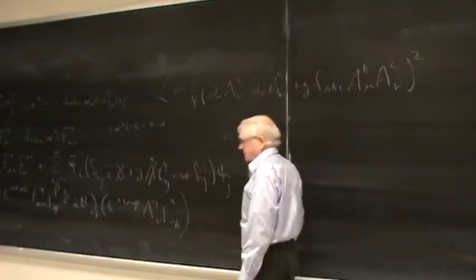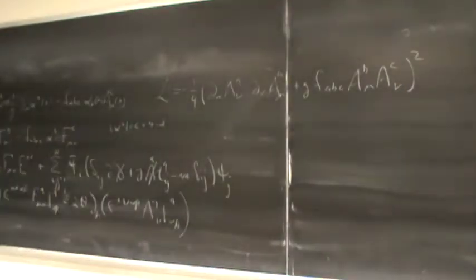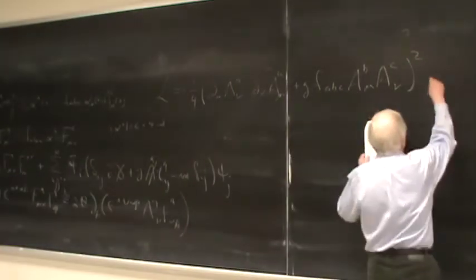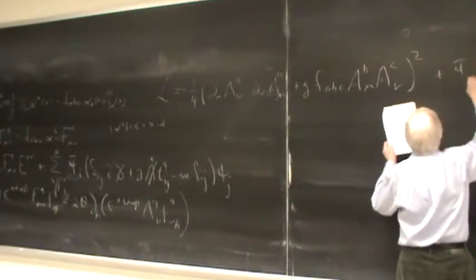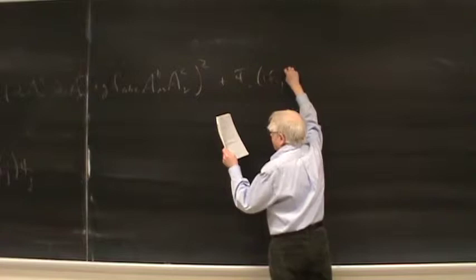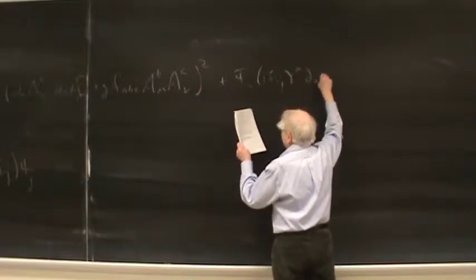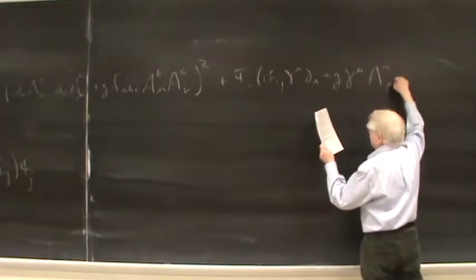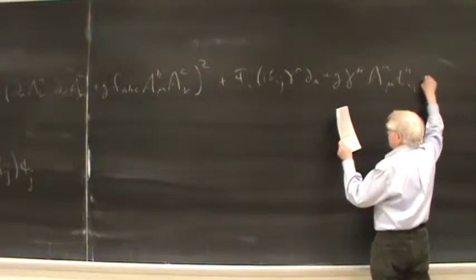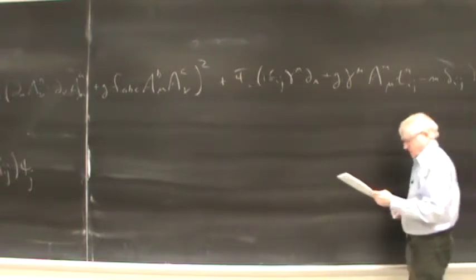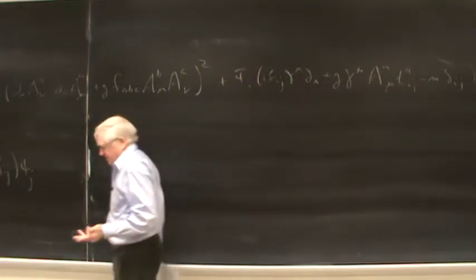So when I say square, in Euclidean space it's just a square, but in Minkowski space, obviously, in the second factor you raise the Lorentz indices. And then the other term is the same as we had, psi bar i, i delta ij, gamma mu D mu plus g gamma mu A^a mu T^a ij minus m delta ij psi j. And we're summing over the repeated indices.